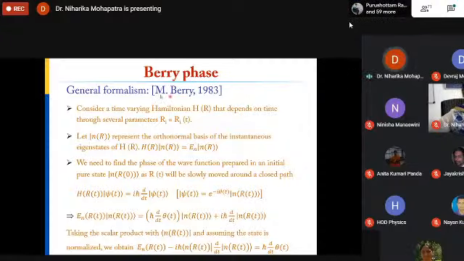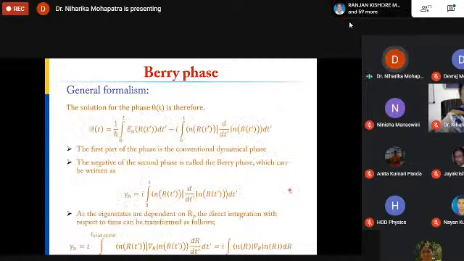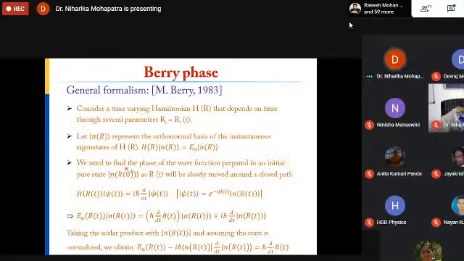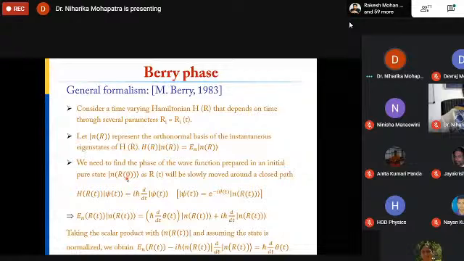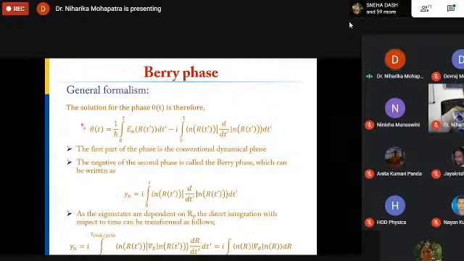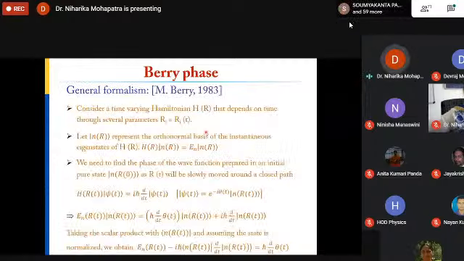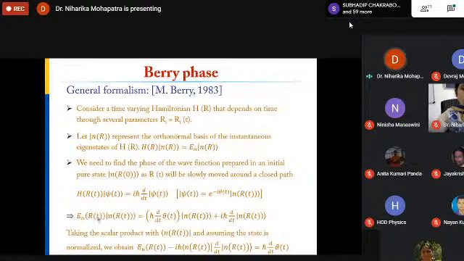I will not go into the detailed calculation. I'll show you from here the additional phase. If you have n as the state function, and you calculate the state function after some time t, it will acquire an additional phase. This additional phase can be expressed like this, and this is obtained from the simple time dependent Hamiltonian.